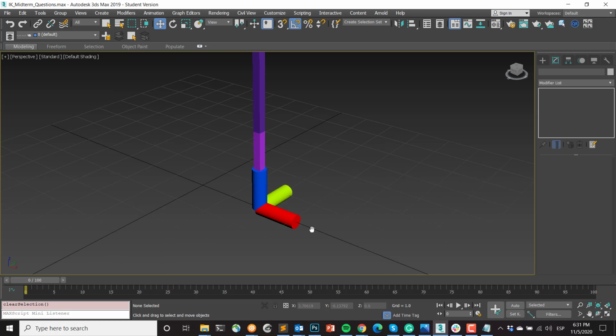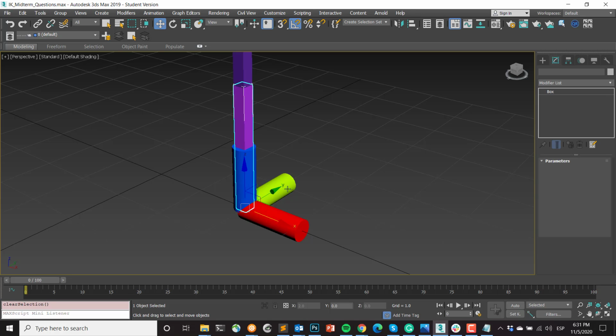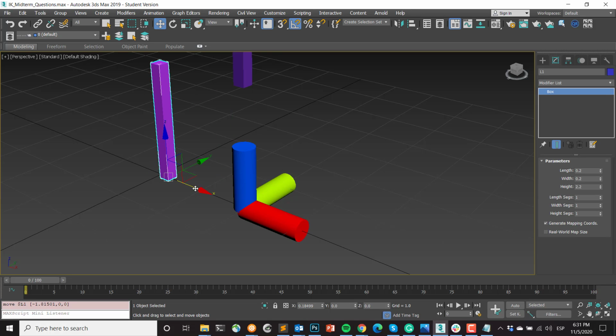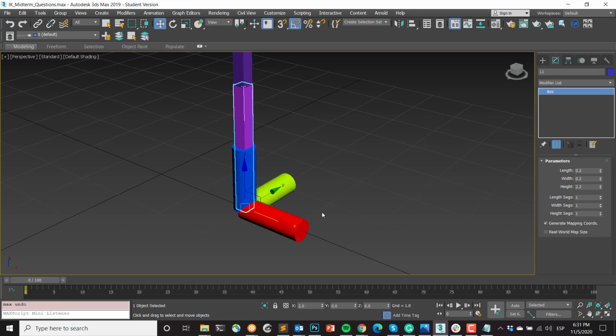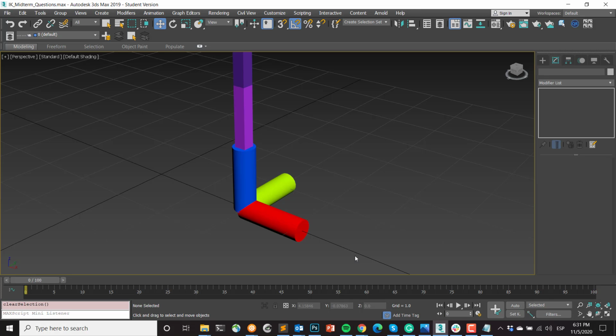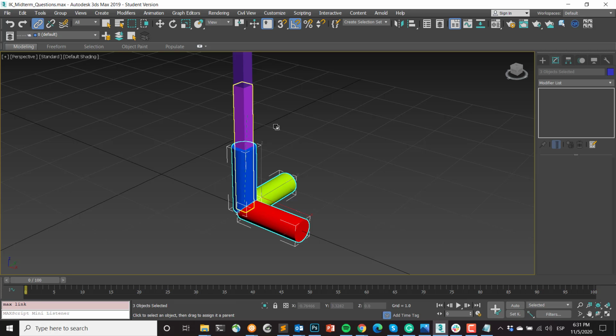Okay, and then I need to do something here, because when L1 moves, these guys need to also move and rotate. I will not code this part. This is very easy to do in Trees to the Max. I will just get these guys except for L1, and use this link to say that their parent is now L1.